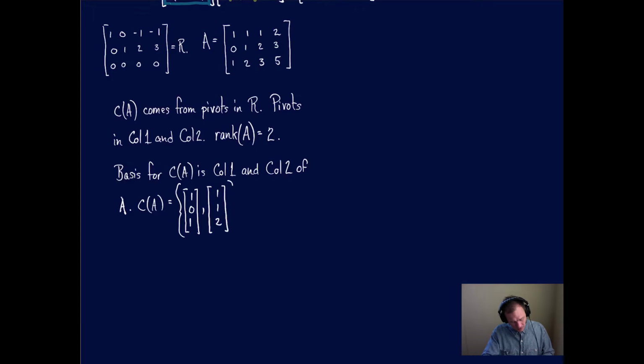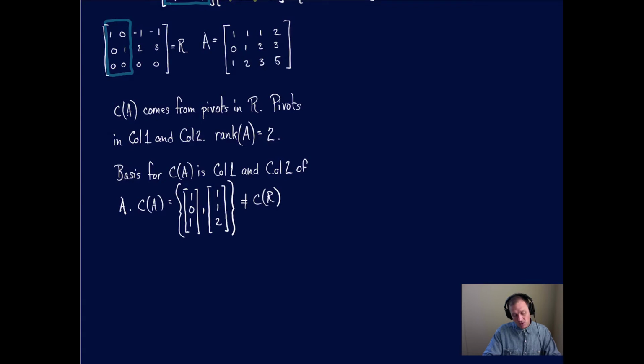Now, here is an interesting note. Note that this does not equal the column space of R. We could look at that right now and see that those are different spaces. If you were to use these first two columns here for your basis for the column space, well, those are completely different vectors.